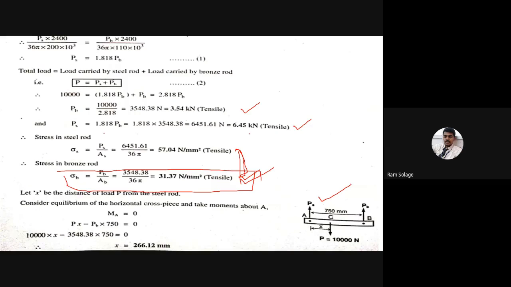Draw the small diagram on your screen. They are showing this is PS, PB, AB, point C. The distance between point A and C is given as X. The distance between the loads PS and PB is given as 750. That load is given as 10,000 Newton.